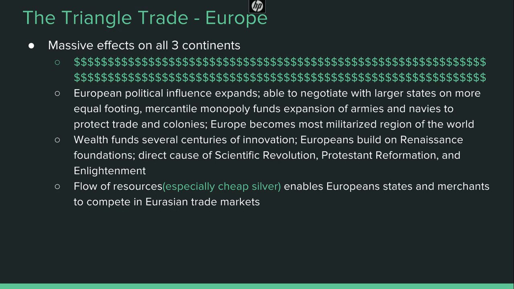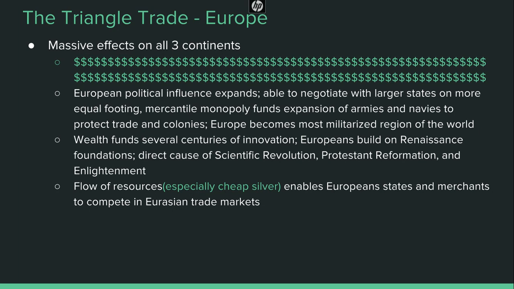China in the early years of the Silk Road, the Islamic Caliphate with the expansion of the sand roads, the kingdoms of West Africa like Ghana and Mali, thanks to salt and gold. The amount of wealth flowing into Europe during this time period is absolutely astounding.